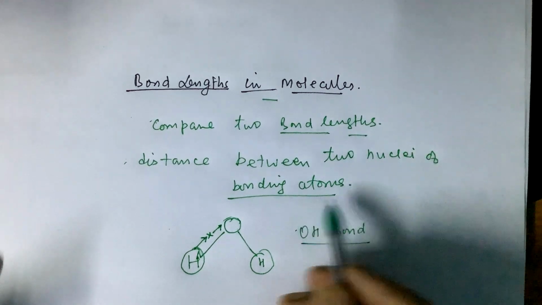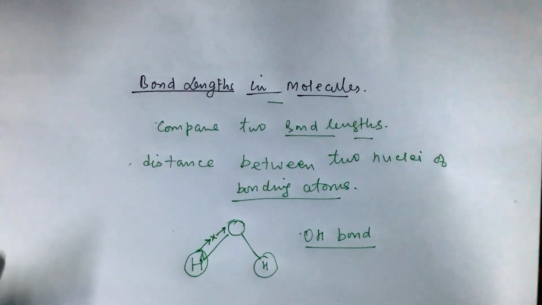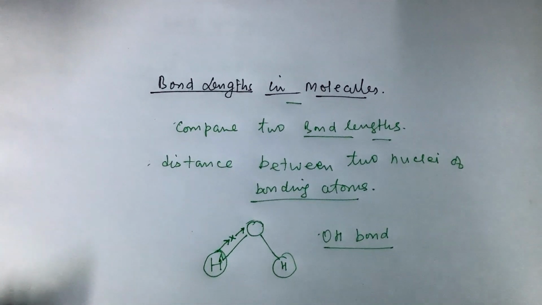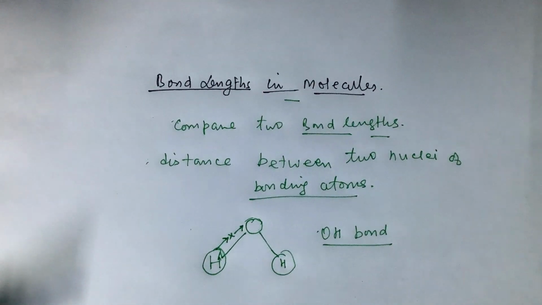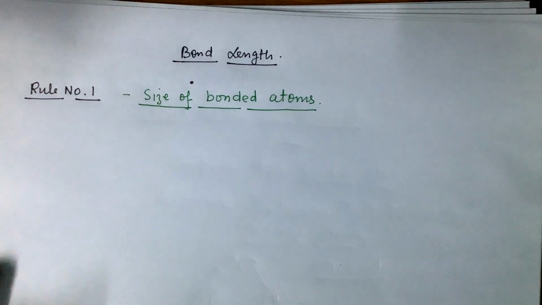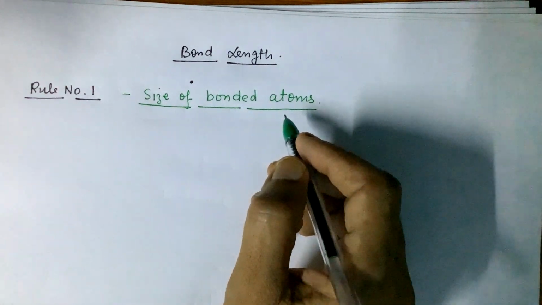So this is how to see what the bond length is and how we can compare two bond lengths. There are some rules, and let us see what these rules are. After studying these rules, you can compare the bond lengths in molecules. Rule number 1 is size of bonded atom.